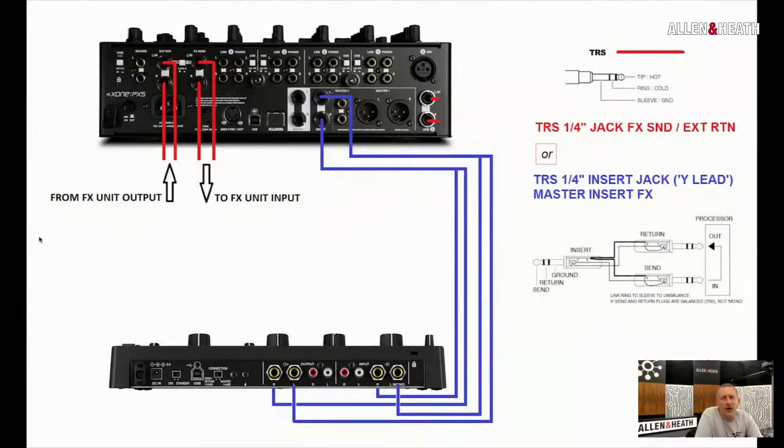A quick reference for you there, the difference between the sends and the returns, the wiring out to the unit, wiring back to the unit, and the inserts out of the insert on a PX5, on a TRS, tip send, ring return, sleeve ground, takes the signal out to the processor, back from the processor as an interruption to the signal, and the send and return sends an amount of the signal to the effects unit, and then you want the wet output, 100% wet output, only the affected audio coming back into the mixer, and then you're blending the balance between the two.